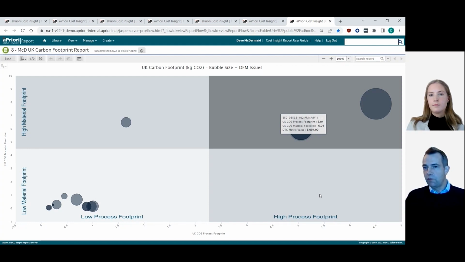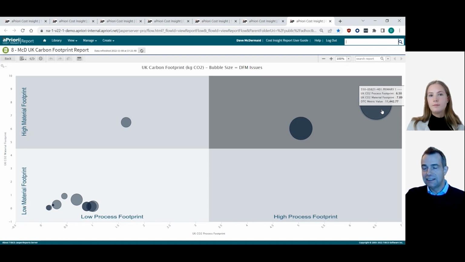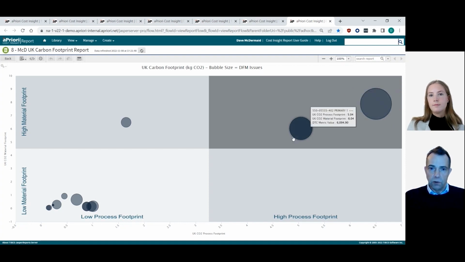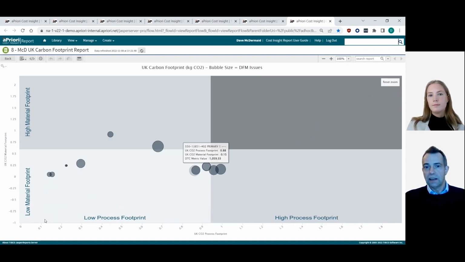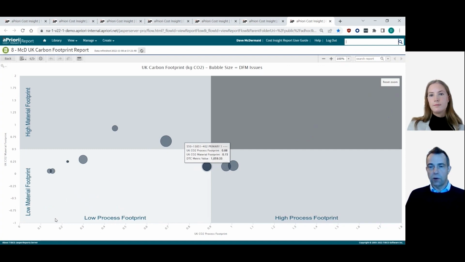And these are very obvious candidates for design for manufacturability to take out process content and make the carbon contribution lower. And because every organization is not just trying to address today's problem, but moving towards net zero, then they can continually focus down on every component in the business.